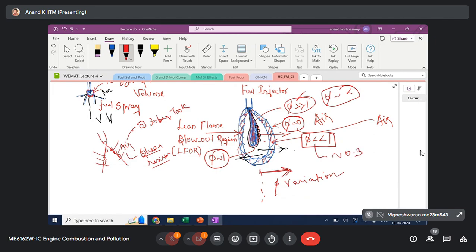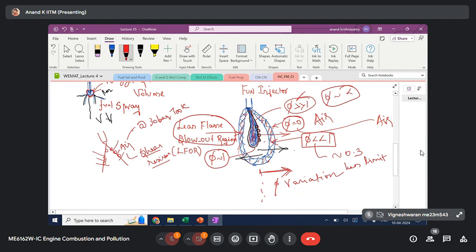So this is below the lean limit. There is a rich limit for igniting the mixture. There is a lean limit for igniting the mixture. When you go below the lean limit, the mixture cannot ignite, right? The mixture can only oxidize slowly. This is what is happening in the shaded region, and this region is called the lean flame blowout region.